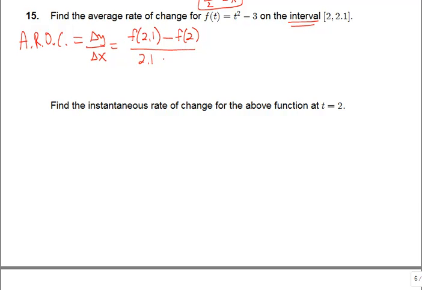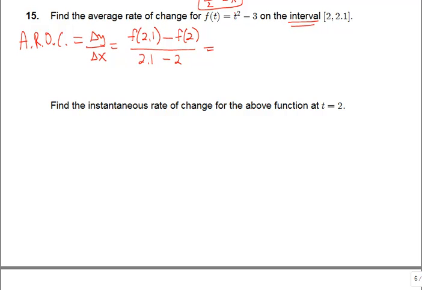So 2.1 minus 2. So average rate of change is just your typical slope of your secant line, because these are 2 points on the line. We're not just going through 1 point, we're going through 2 points. Now to actually compute this, you would just take 2.1 and plug it into your function.